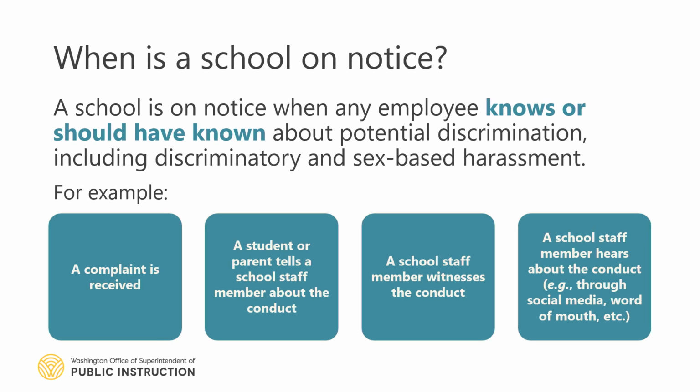For example, a school would be considered on notice when a complaint is received, a student or parent tells a school staff member, a school staff member witnesses the conduct, or a school staff member hears about the conduct indirectly, such as through social media or word of mouth.